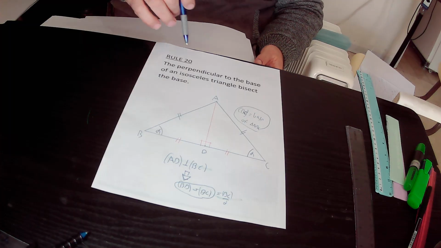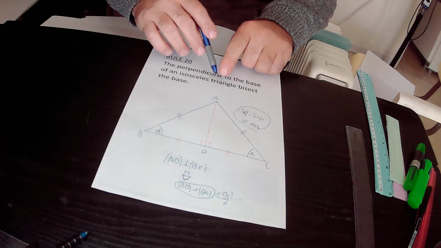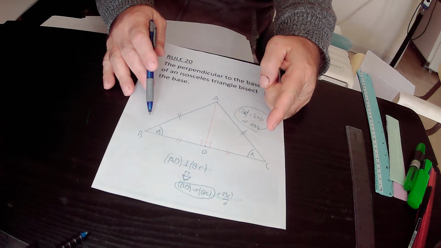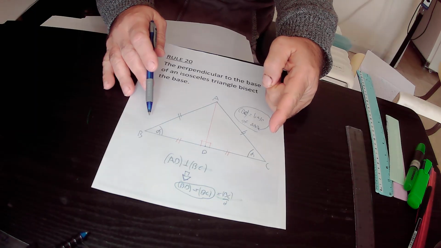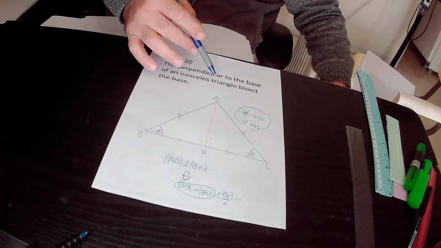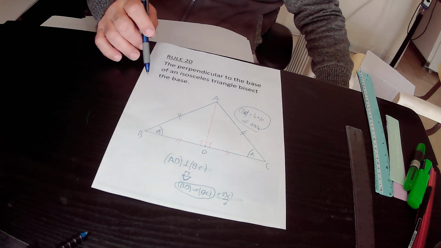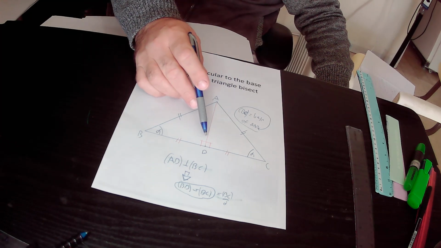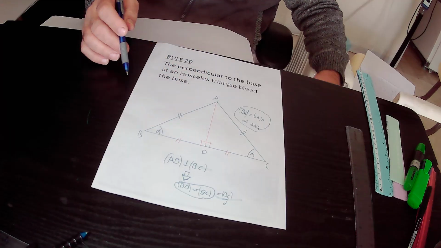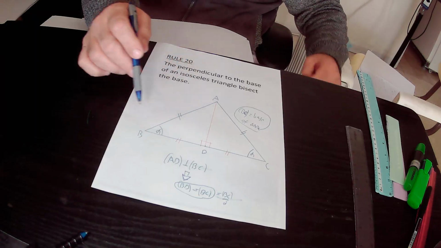In the domain, we have the associated triangle ABC. Triangle ABC is an associated triangle because AB equals AC. BC is of course the base of this associated triangle ABC. According to rule 20, the perpendicular AD to the base BC bisects the base BC. First of all, those angles are both equal to 90 degrees because AD is the perpendicular to the base BC.